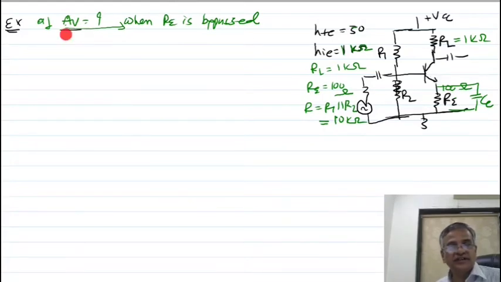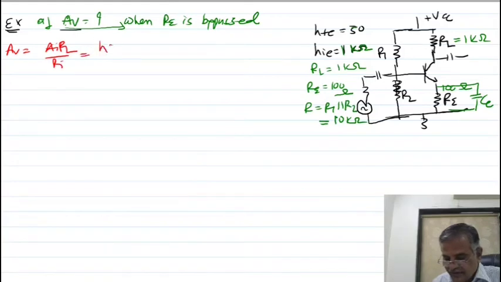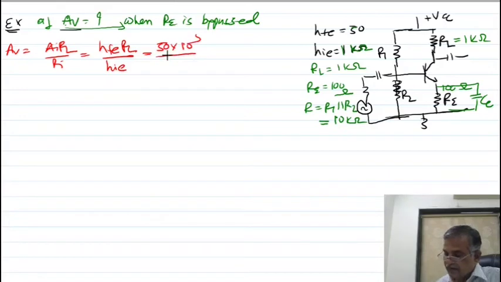So you know the equation of AV. What is AV? AI RL upon RI, or you can say HFE RL upon HIE. 50 multiplied by 1 kilo ohm upon HIE, which is also 1 kilo ohm.